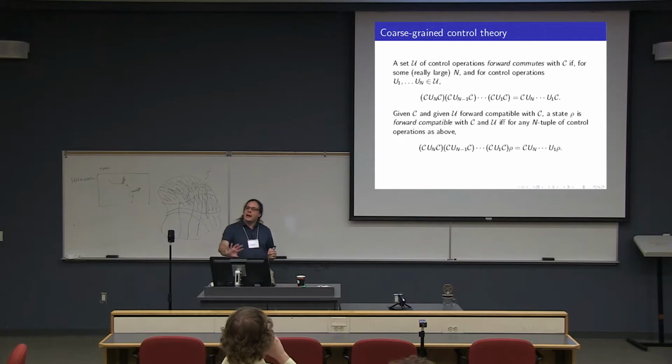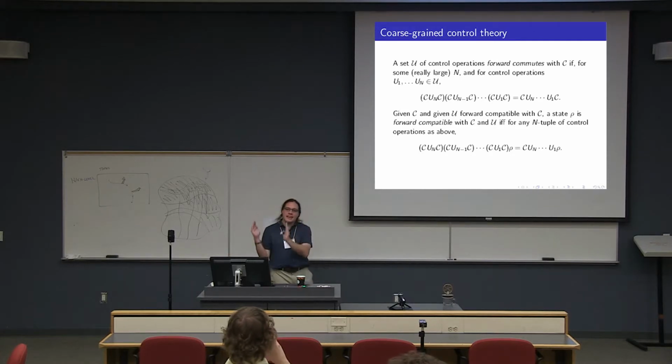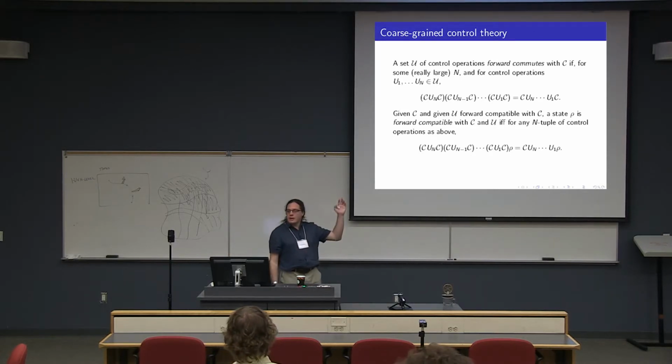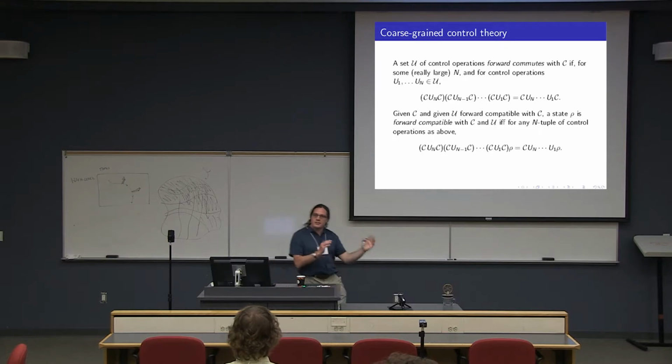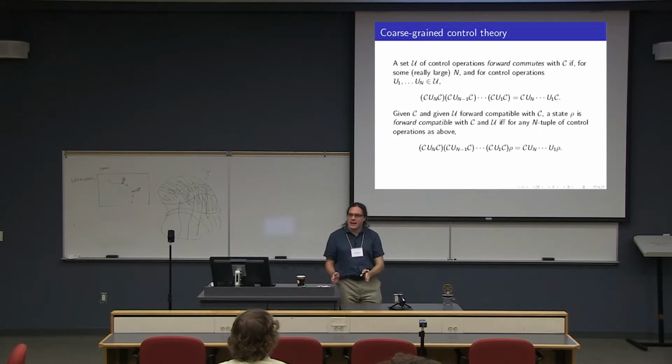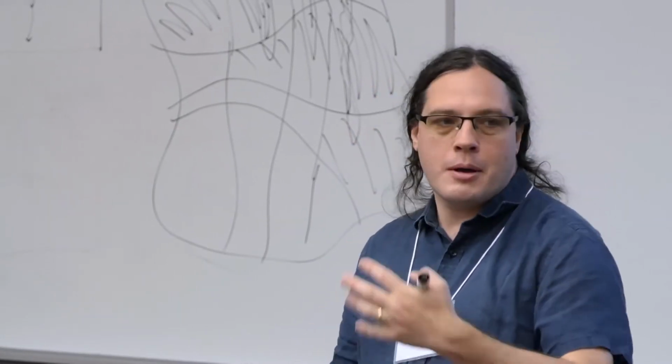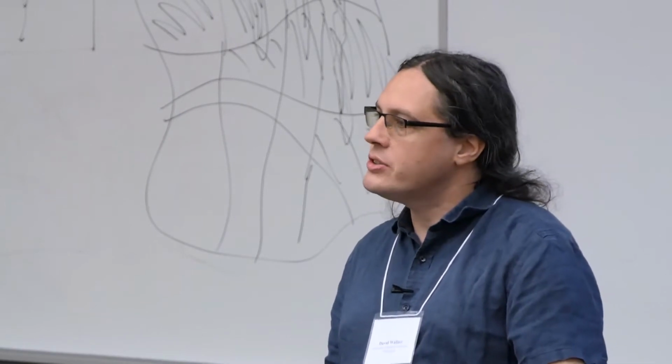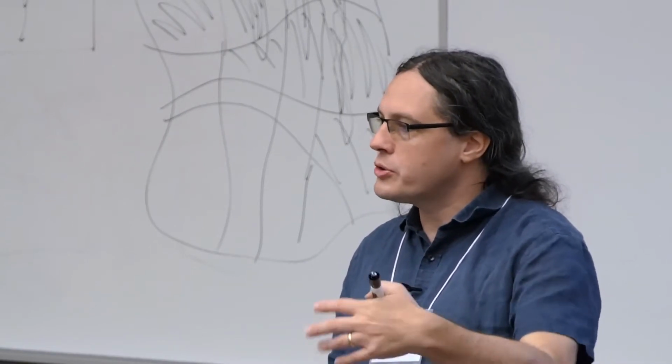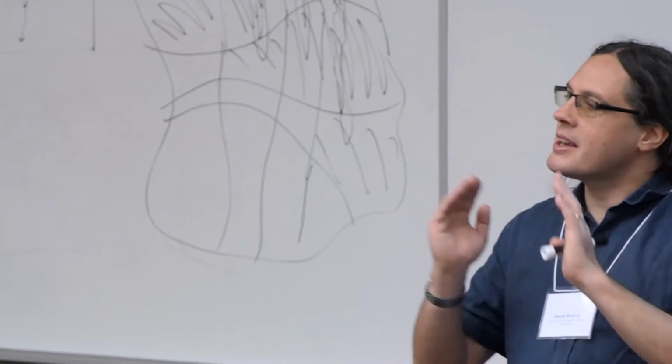But you've also got the requirement that the initial state of the system needs to be forward compatible in this kind of way. So if I start the system off in a state that's actually coarse-grained, and then I apply control operations that forward commute the coarse graining, then I get out the various results I'm discussing.